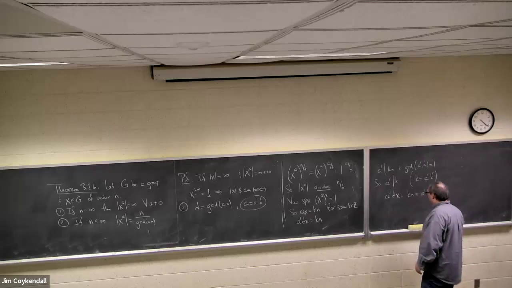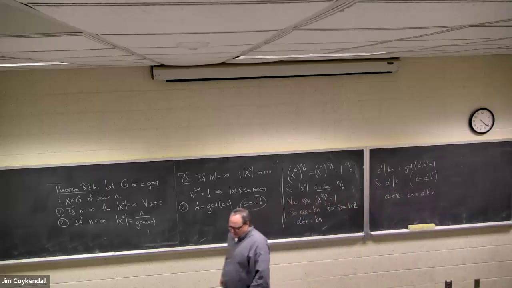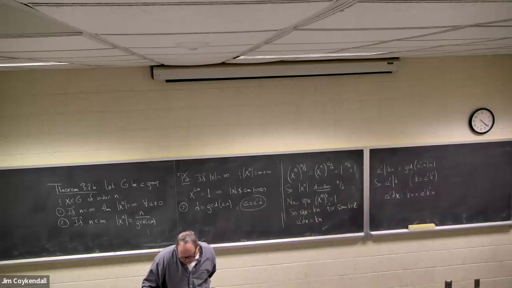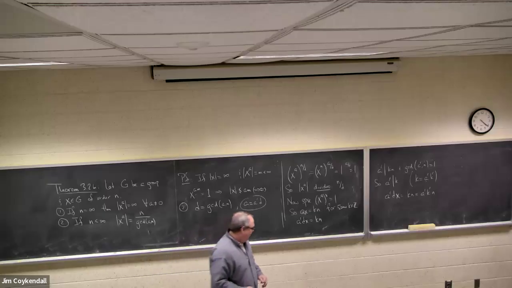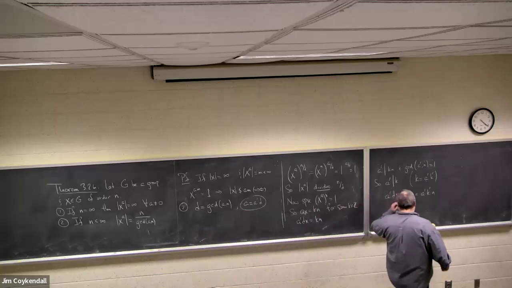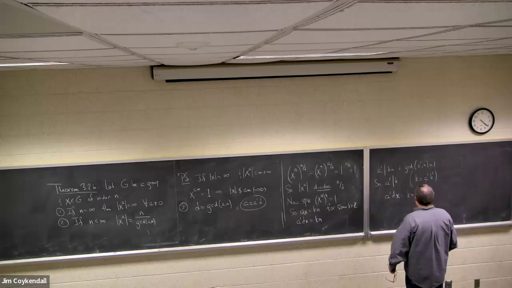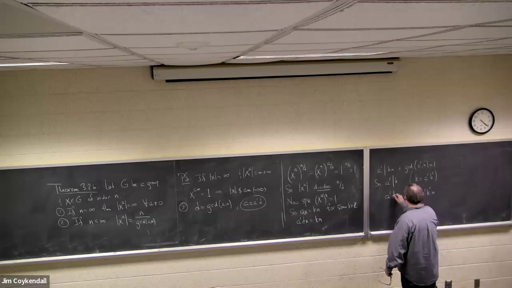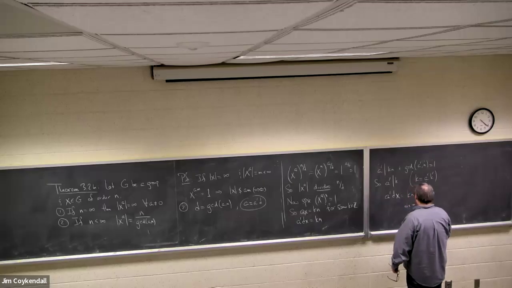So I want n over d to divide k, and I guess that's what I get. Canceling the a's here, dk equals j'n.